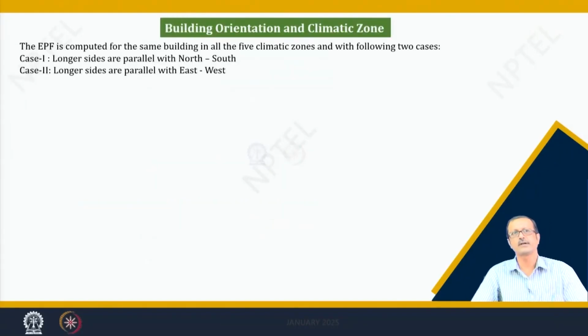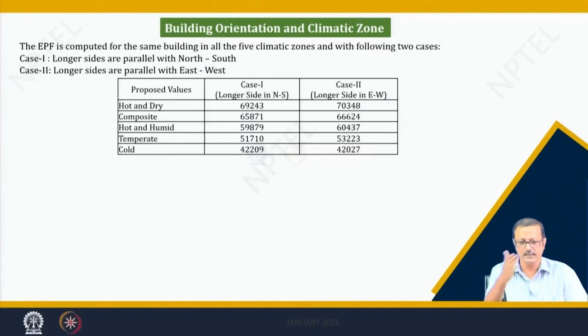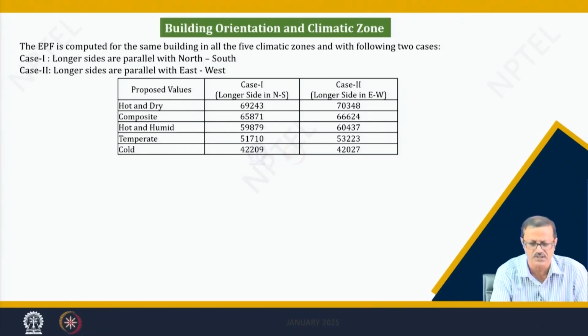So, building orientation and the climatic zone are also going to be factors. The same building I have repeatedly used for 2 cases, one where the longer side is east-west and the shorter side is north-south, and we got also 70,000 something there. So, these are the changes. Every time you see there is a hike in case the long side is east-west, for the composite and hot and dry.